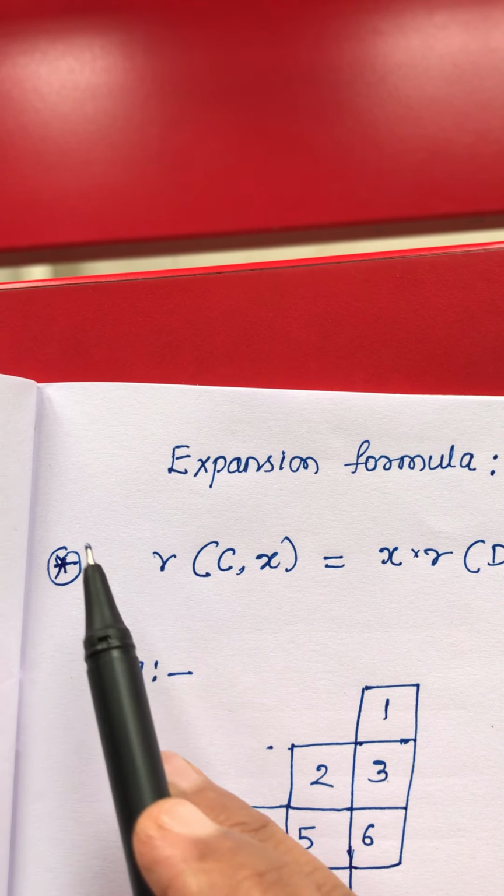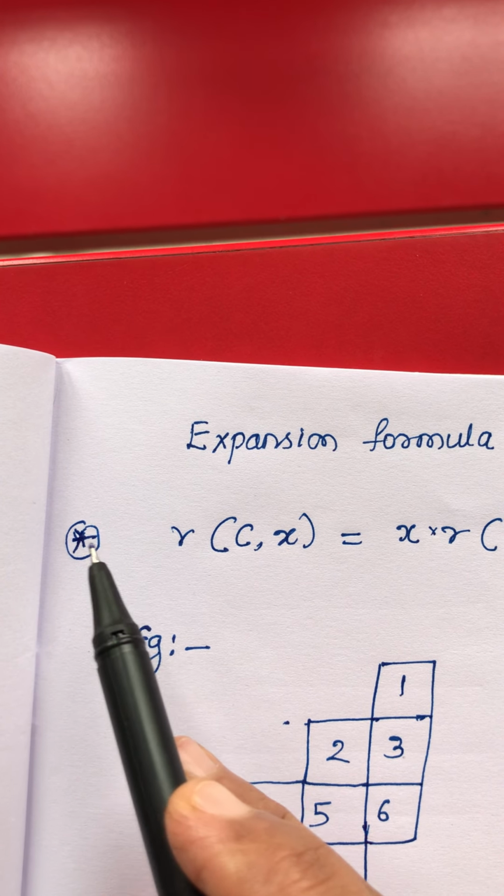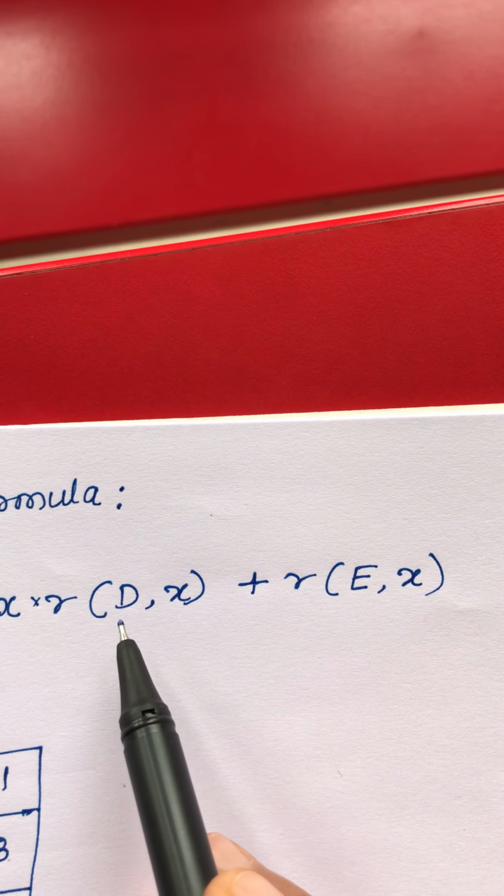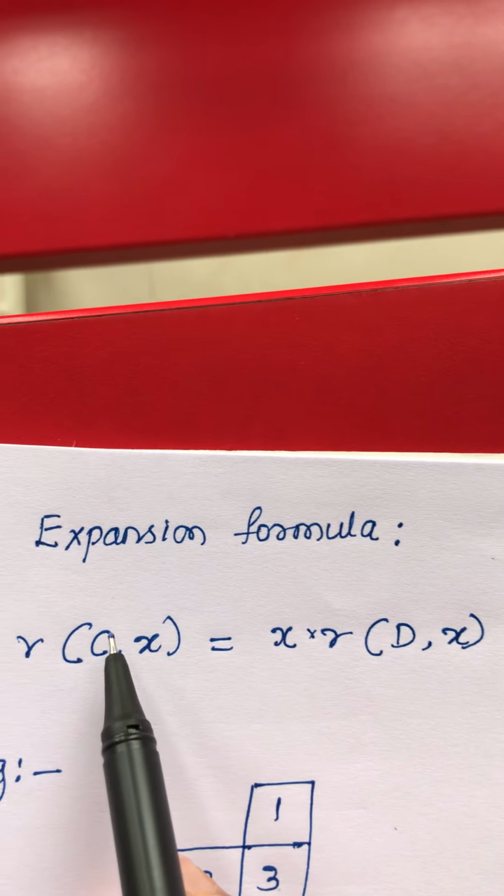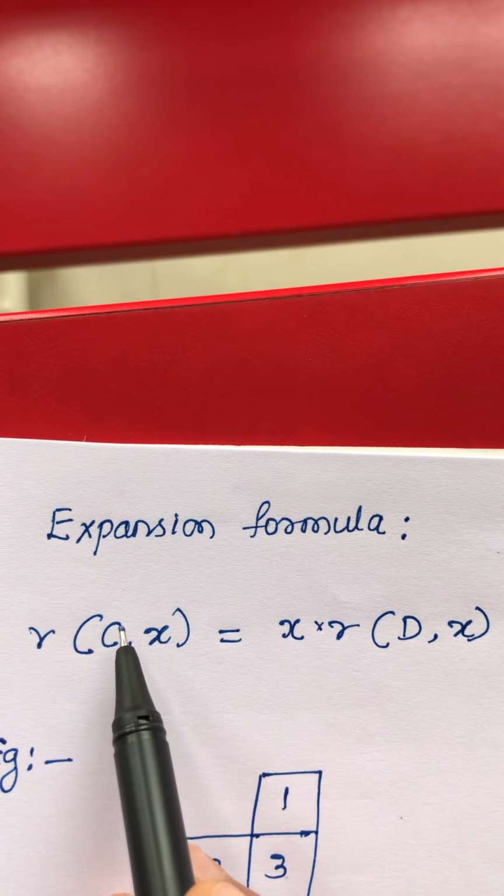Delete the row and the column in which this square is present. That is called the board D. Now from the board C, delete only the square which is marked as star. Only that square, that is called E.